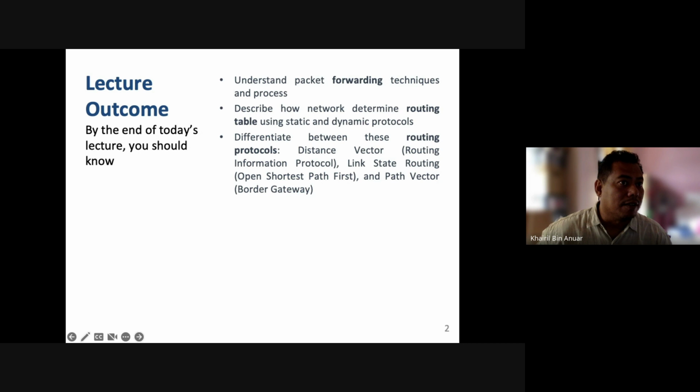In IPv4, I've already mentioned that we need to identify the default gateway. Then differentiate between routing protocols: distance vector, link state, and also path vector.